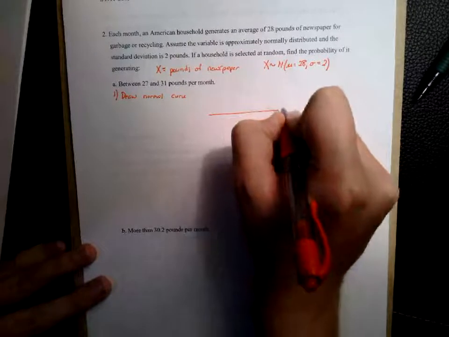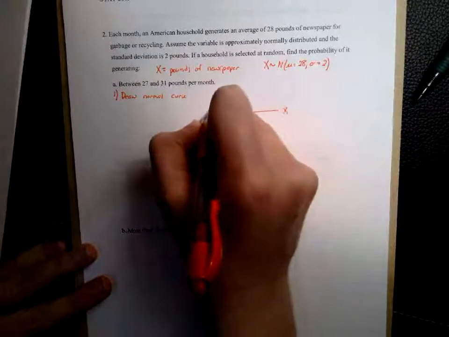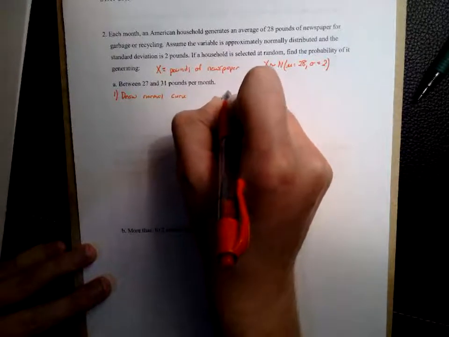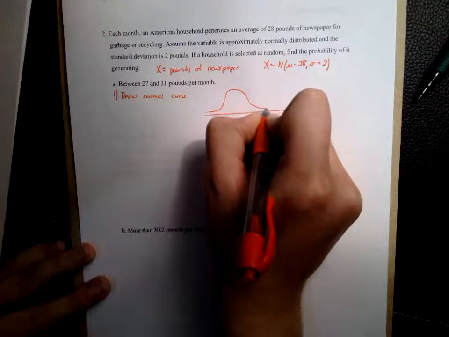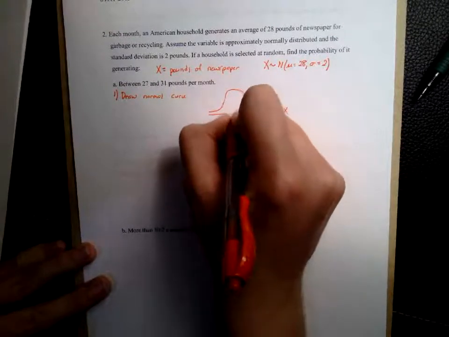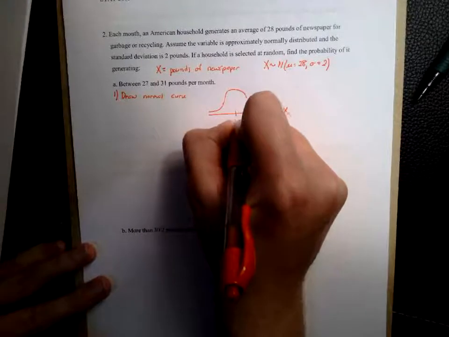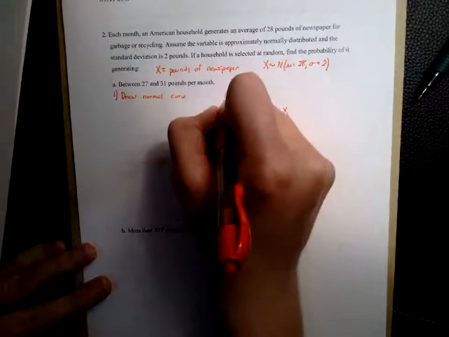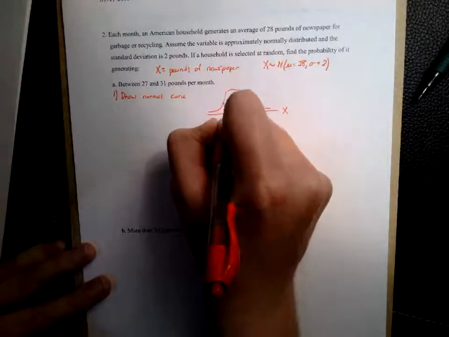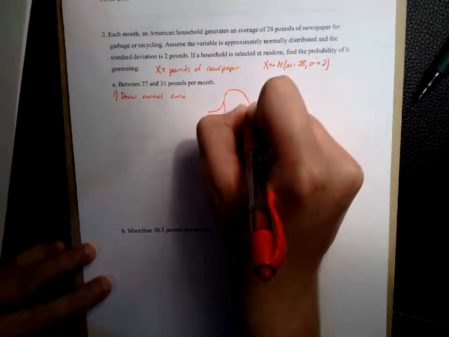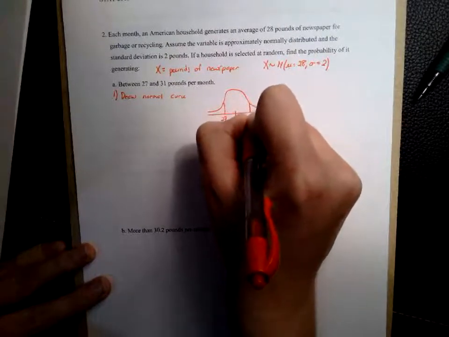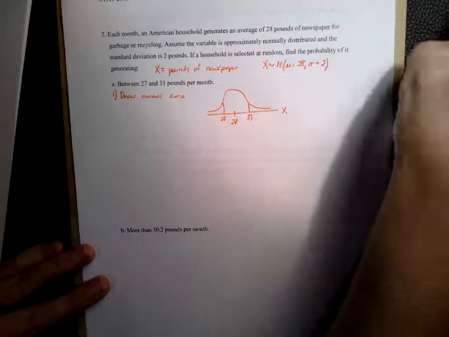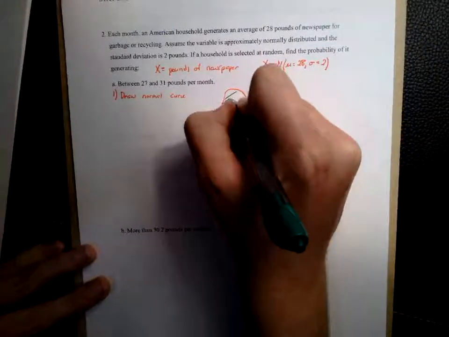So if we do that, here is our distribution of pounds of newspaper. At the middle, we have the mean of 28. And we're interested in getting between 27 and 31 pounds of newspaper. That's the probability we want.